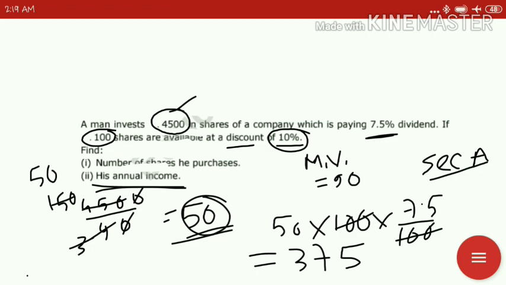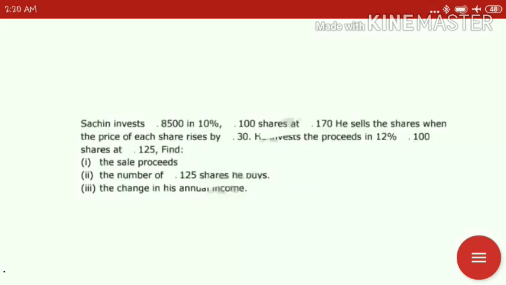Now we'll go for section B, which came in the same year, 2019. That's why I said it is very crucial. This is the question which came in section B: Sachin invests 8,500 in 10% rupees 100 shares at rupees 170. He sells the shares when the price of each share rises by rupees 30. He invests the proceeds in 12% rupees 100 shares at rupees 125.